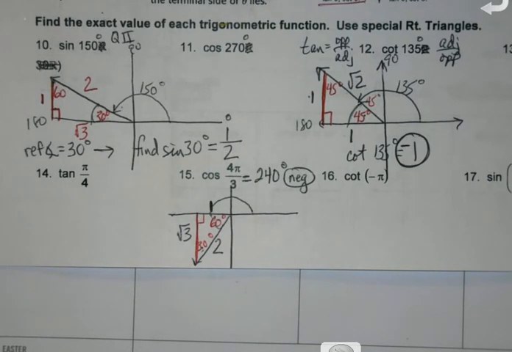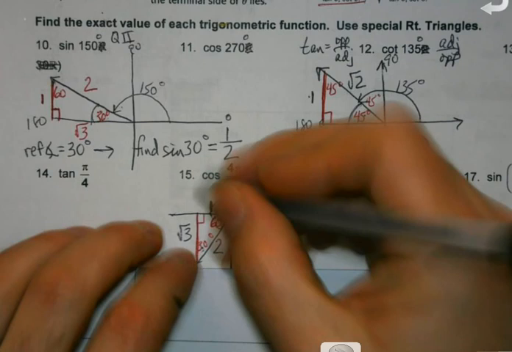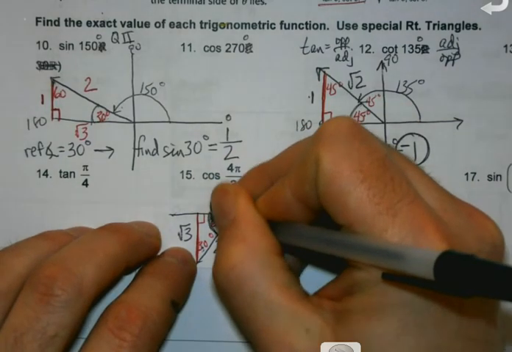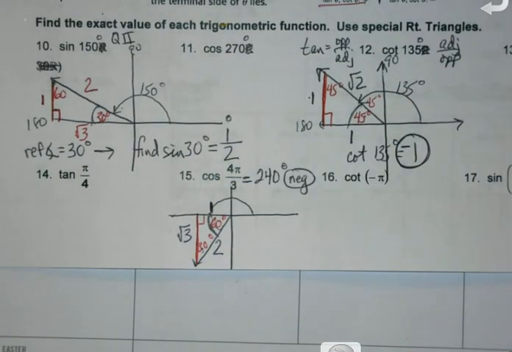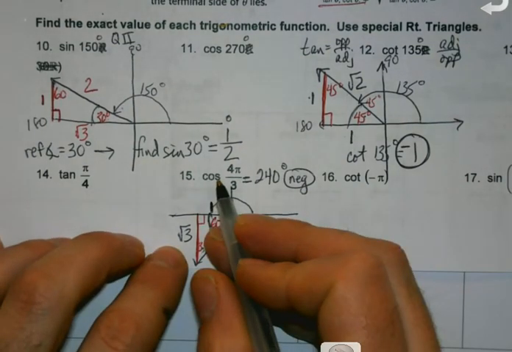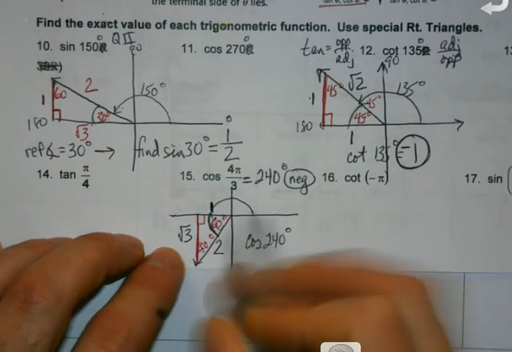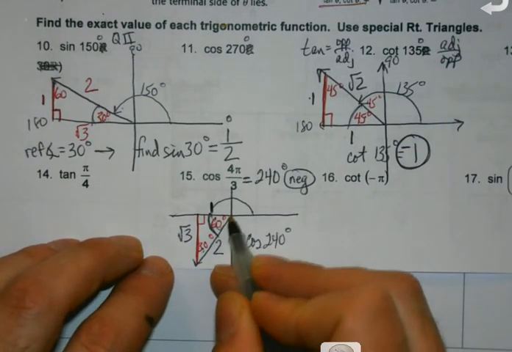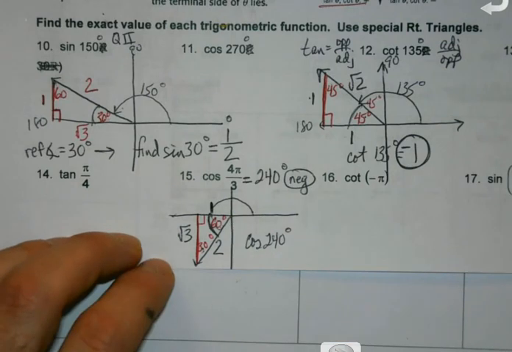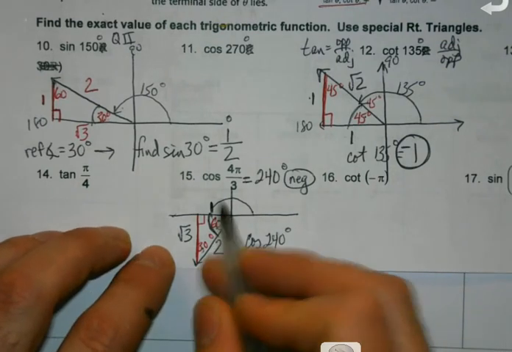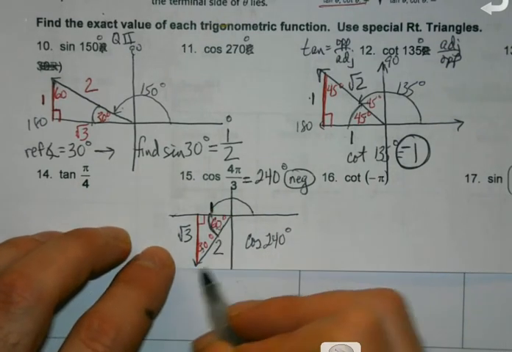So when I go to do this, I'm always using that reference angle, whichever one's up near the x-axis. So the cosine of 240, I'm always using this angle that's attached to my origin, is negative.